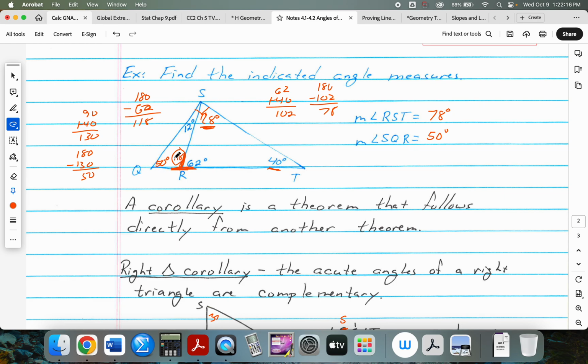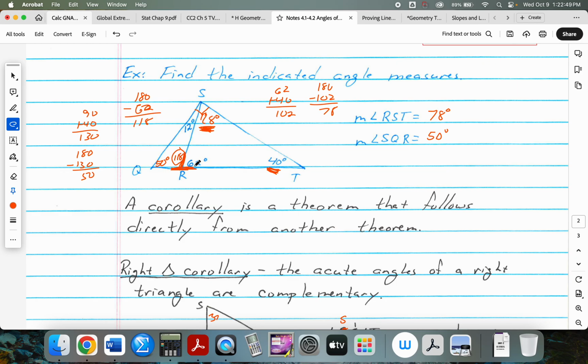This angle over here outside of the triangle QRT is equal to these other two angles inside the triangle that are not right next to it. These two angles add together to be this one. The reason why is because these three angles, the 78, the 40, and the 62 add up to 180. And then these two angles, the 118 and the 62, also add up to 180.